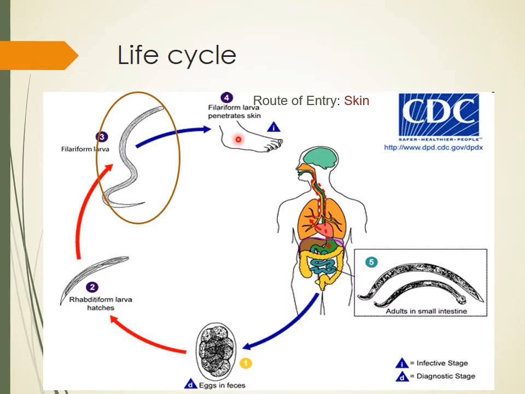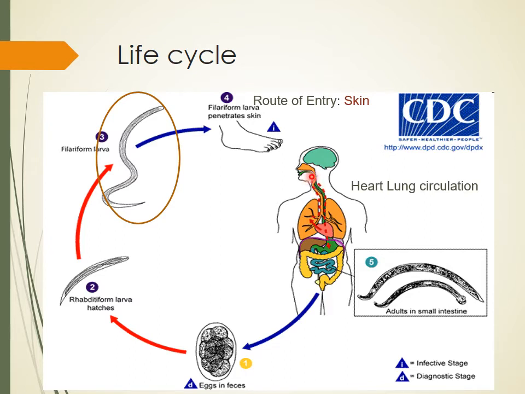Once it enters the human being, it follows the heart-lung circulation. It goes into the bloodstream, reaches the heart, and through the heart reaches the lung. It grows in size, breaks the alveoli, and crawls upward in the respiratory tree.